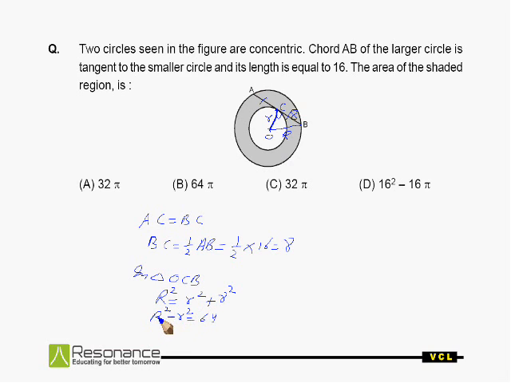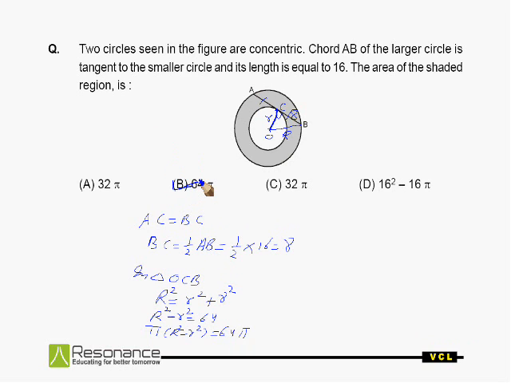By multiplying both the sides by pi, pi times (capital R square minus small r square) is equal to 64 pi. The pi R square minus r square gives the area of the shaded region. So option B is correct.